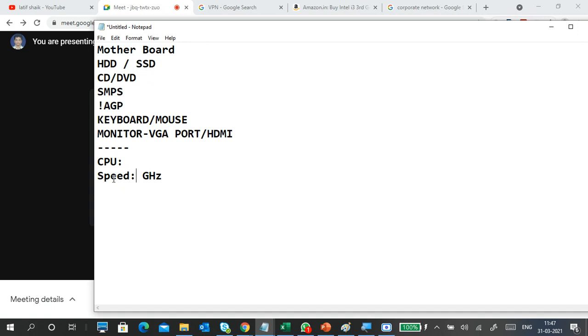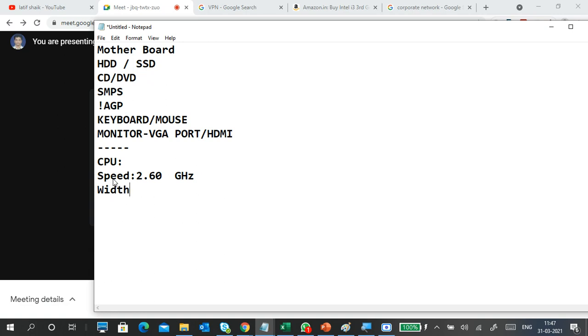Just for example, a 2.60 gigahertz CPU. You have to check how many gigahertz the CPU is.